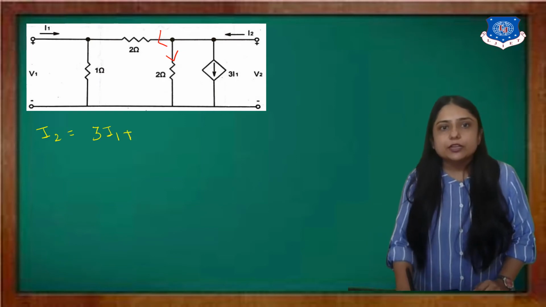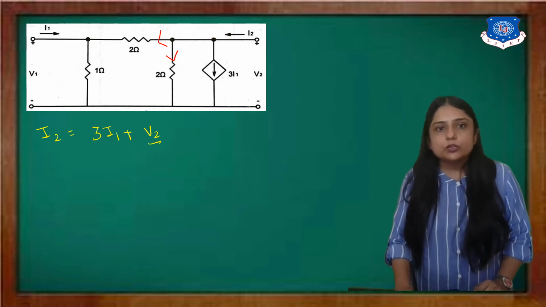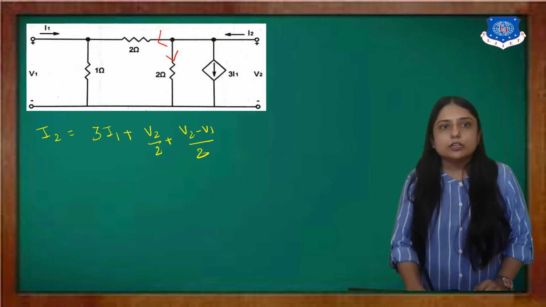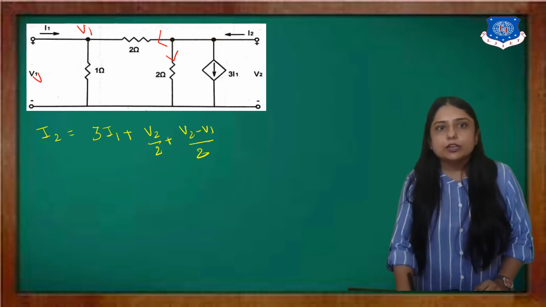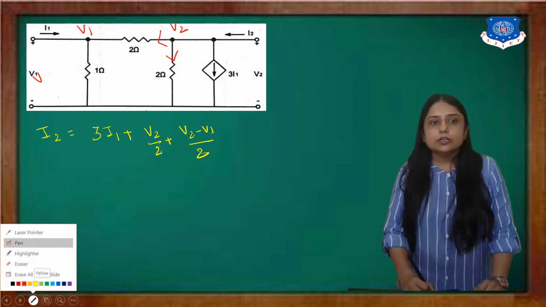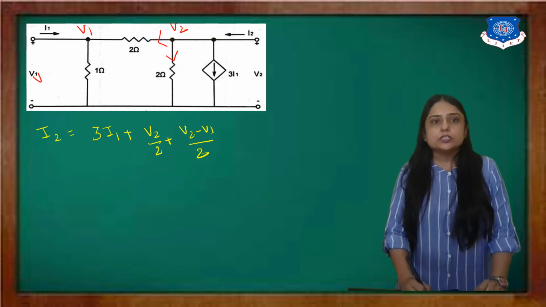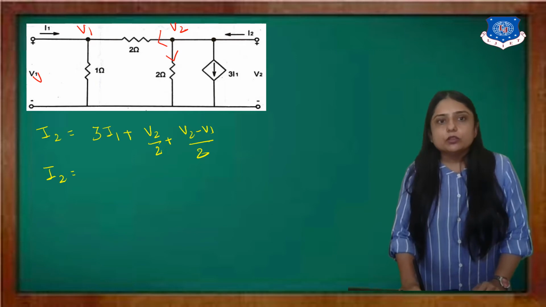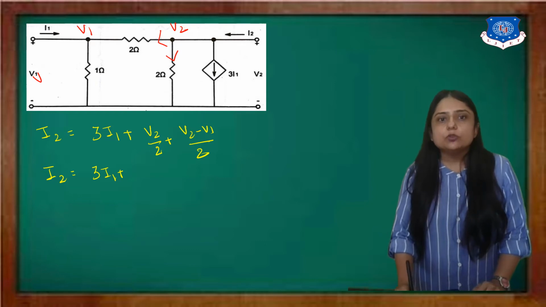Then plus V2 by 2, and here V2 minus V1 by 1, because here my voltage is V1 and here it is V2, so I take the potential difference divided by resistance. Now solving, I2 equals 3I1 plus V2 by 2 plus V2 minus V1 by 1.